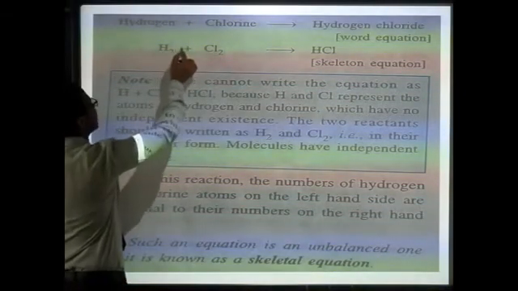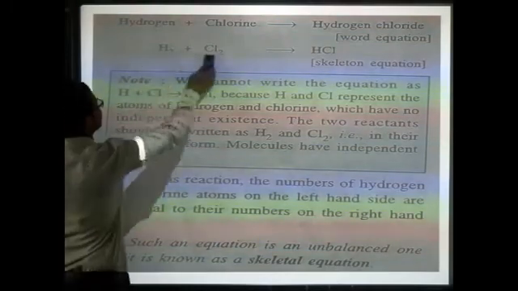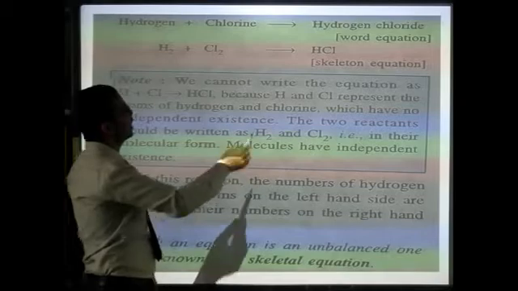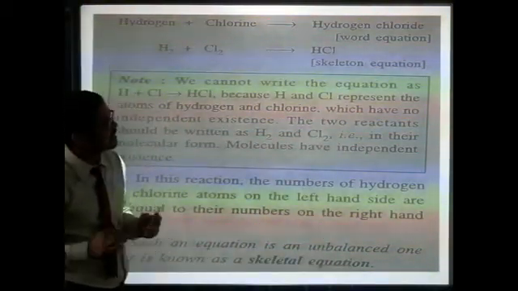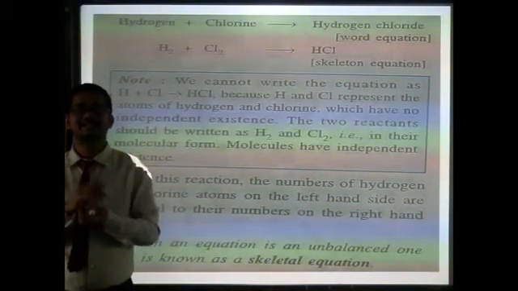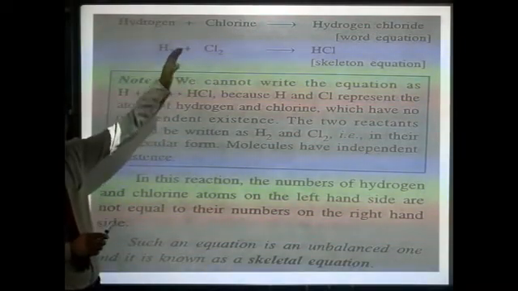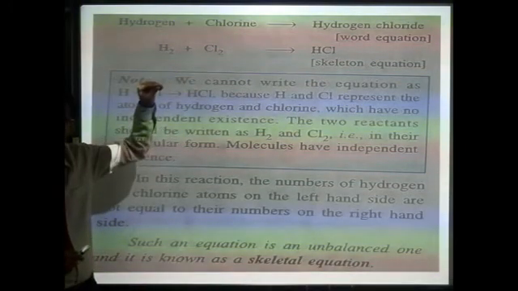So H2 plus Cl2 gives HCl. And this is called a skeleton equation. Why is this called a skeleton equation? Because whatever the word equation is, I am directly expressing it in the form of a chemical equation.